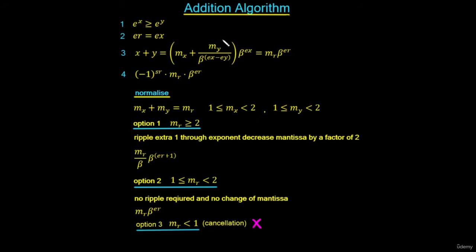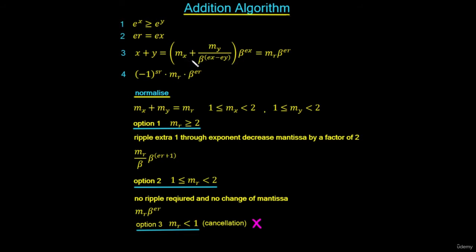But as we said, the mantissa for y is going to be shifted in order to make it equal to the mantissa of x. The exponent of y is going to be shifted to make it the same as the exponent for x. Therefore, we're going to have to decrease the mantissa by that same amount.